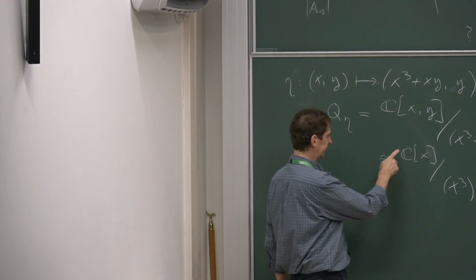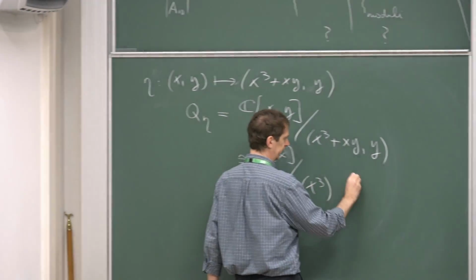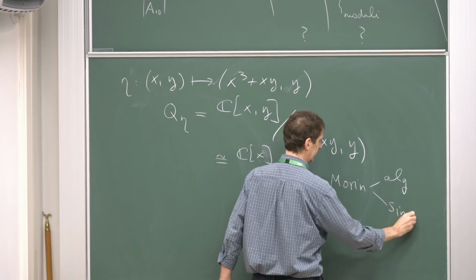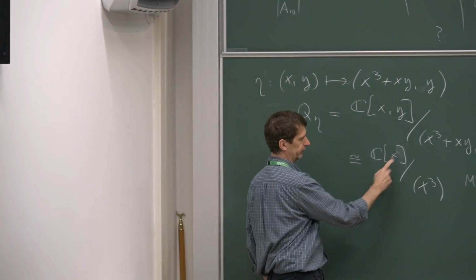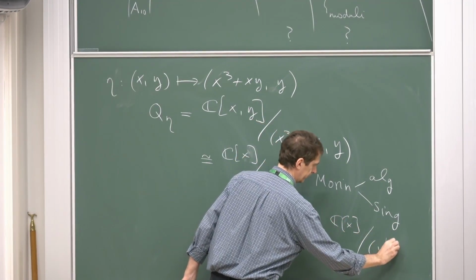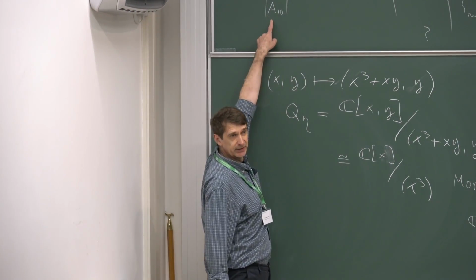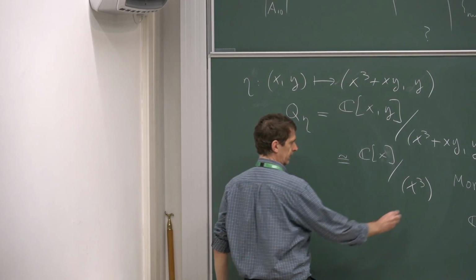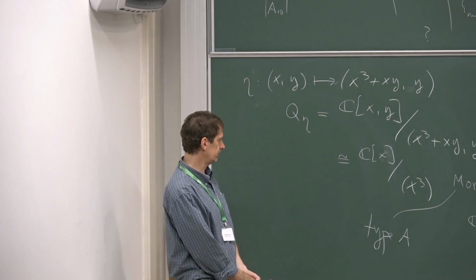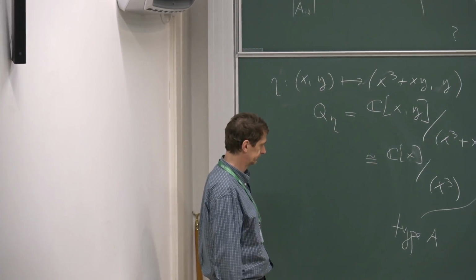These algebras where you put just one variable are called Morin algebras, or Morin singularities when generated by just one x. So this is the Morin, or in other words, type A singularity. Right, so this is a type A Morin contact singularity.